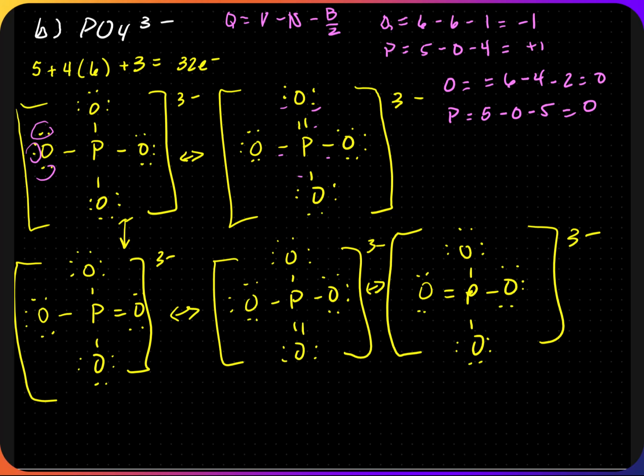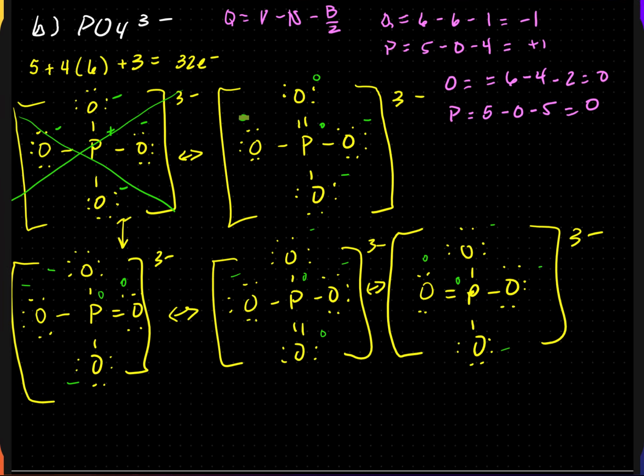Now I'm going to put my charges in. So oxygen has a negative charge, all of these, and phosphorus has a positive charge. The more electronegative atom is negative in charge, and the least electronegative is positive in charge. In the second picture, all the oxygens have 0 charge and the phosphorus has 0, and everything else in the bottom row will be the same because the structure is similar.